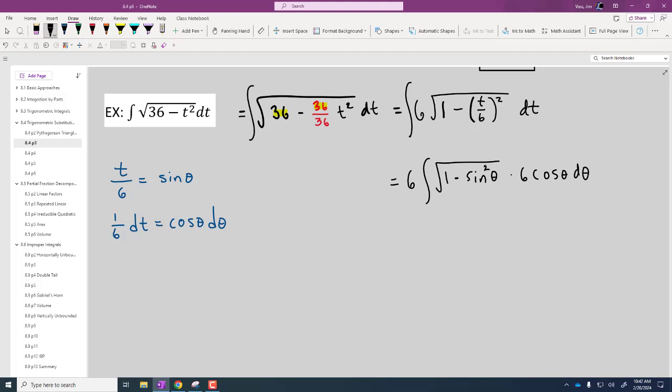Now there are going to be a lot of trig sub problems where you do have to do this square root of a square thing. If they don't tell you limits of integration, you just assume that the square root of cosine squared is cosine. If there was going to be some shenanigans, they would somehow have to give you some extra information. So we just assume square root of x squared is x.